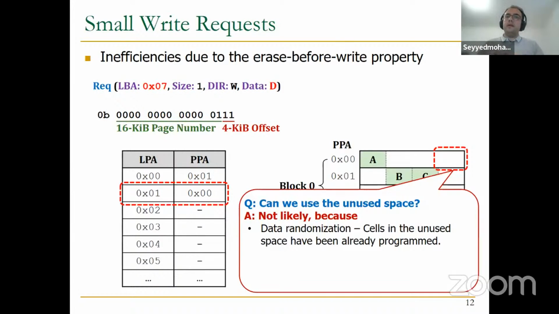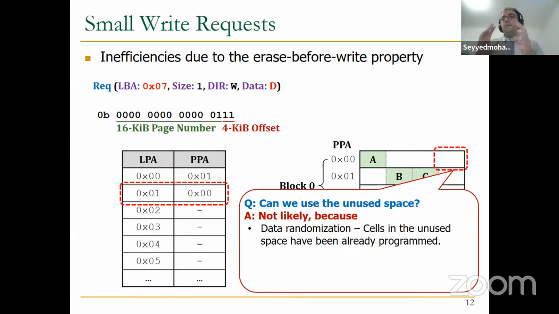Even if we consider that we don't want to program the remaining 4 kilobyte space in that physical page address, we consider that we want to write 1, right? Because when we want to store 1 in a NAND flash cell, we don't program. So you can argue that, oh, we don't program that, so now we can program.